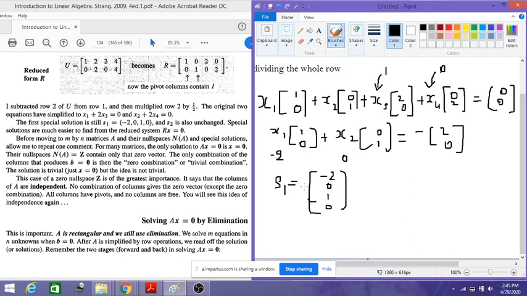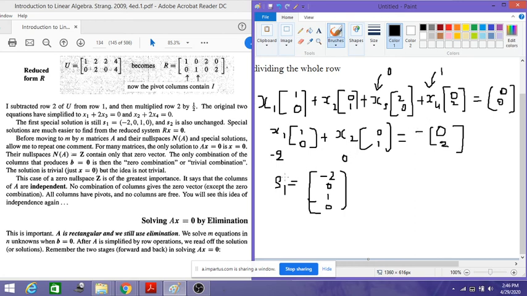Now let us take the second case. I'll substitute x3 with 0 and x4 with 1. So what do we get on the right-hand side is 0 and -2... I'll get the right-hand side as 0 and 2.